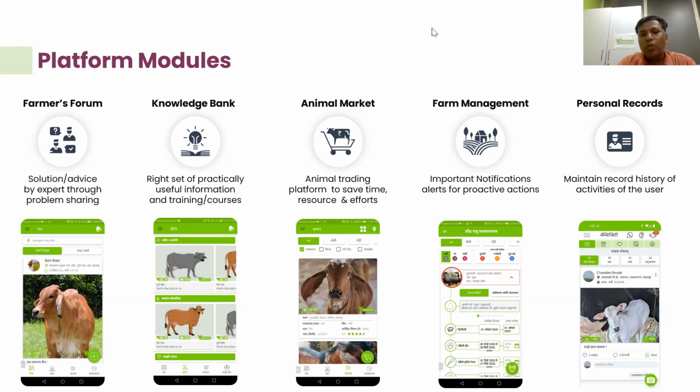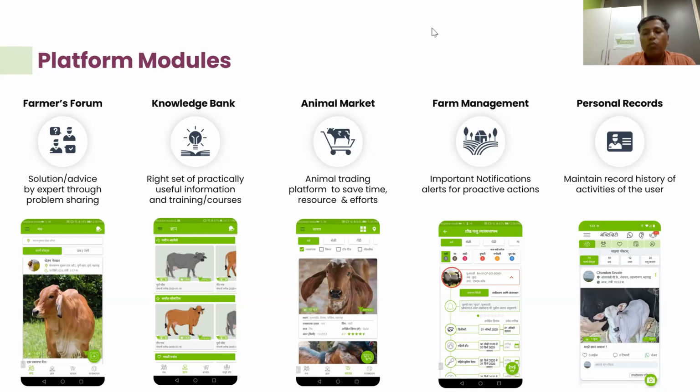The third module is about animal market, which is very, very useful, and people are liking it so much, where farmers can upload their animals' profile, which they want to sell. Earlier, they used to go to the nearby bazaar, nearby market to sell their animal, which used to be very costly, and there were many middlemen in charge of the whole activity.